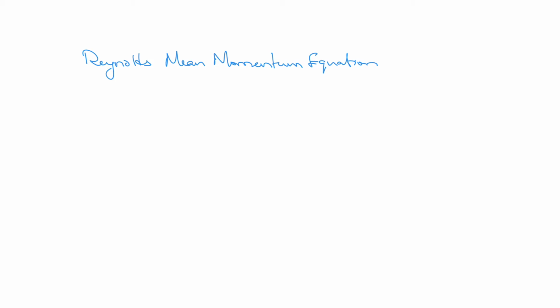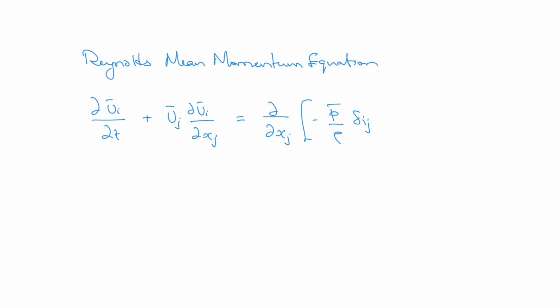So let us consider Reynolds mean momentum equation. The first term is ∂ui/∂t, the temporal derivative, plus uj ∂ui/∂xj, the advective derivative, equals ∂/∂xj of minus P/ρ δij, the pressure term, the viscous term 2ν Sij.